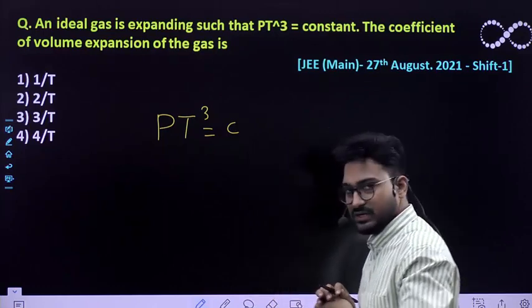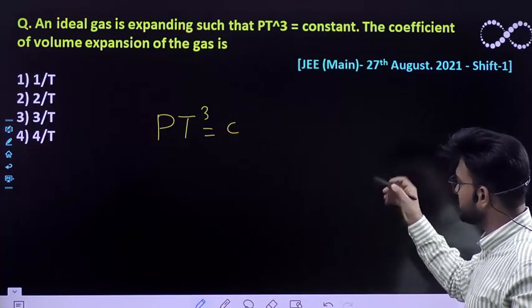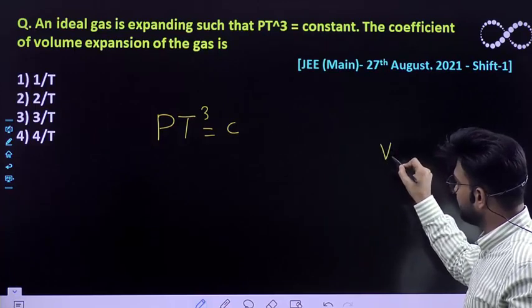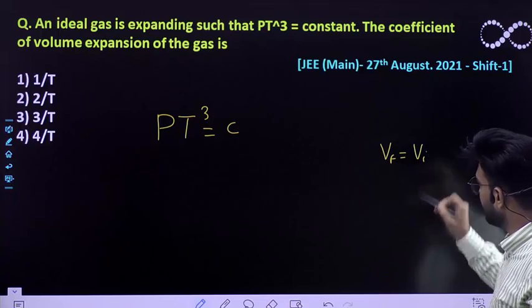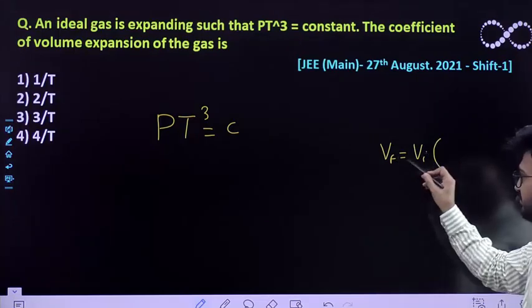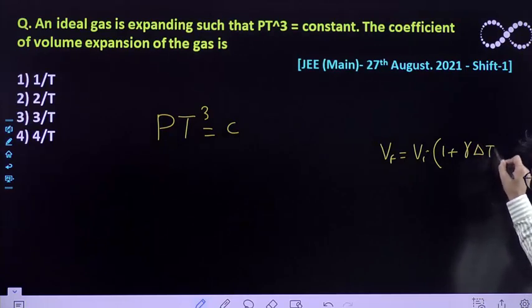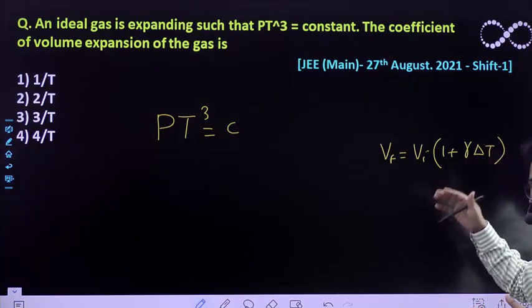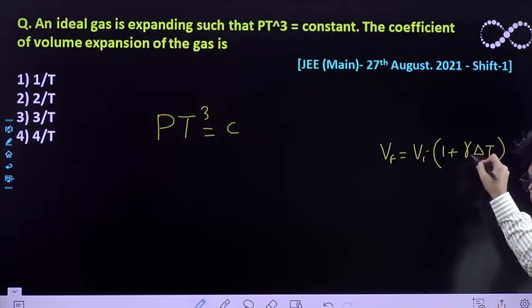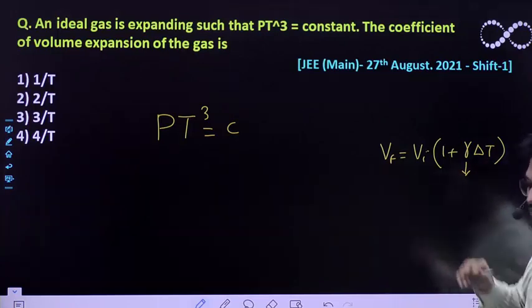We also know the coefficient of volume expansion is given by a relationship. If the final volume of a gas is V final and V initial is the initial volume, then V final must be equal to V initial times (1 plus gamma delta T), where delta T is the change in the temperature and gamma is the coefficient of volume expansion, whose value you need to find out.